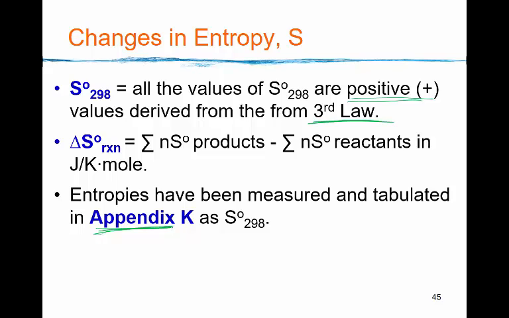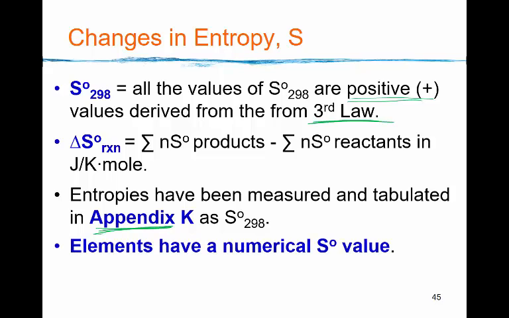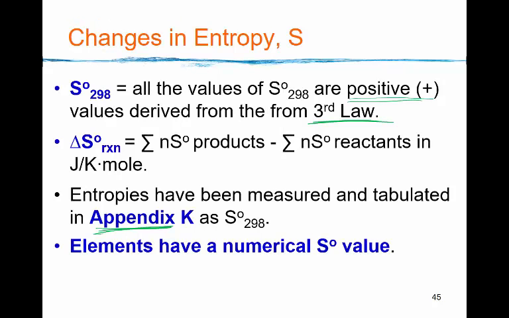So we have H's, and now we have S's in Appendix K, and they're just in different columns for those same materials. And unlike what we saw before, elements do have a numerical value for S, for their randomness.